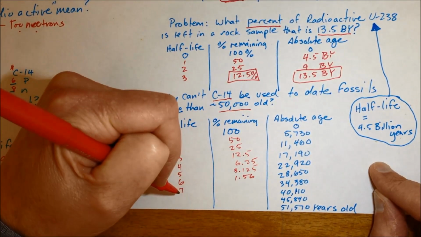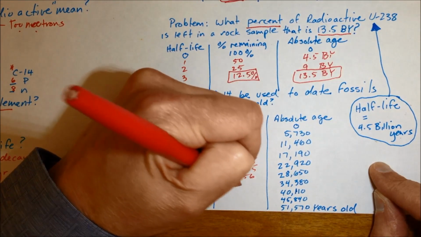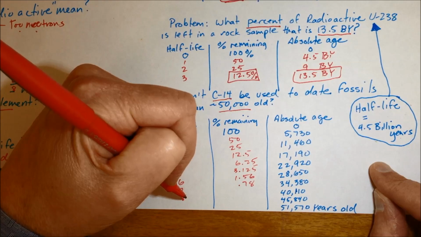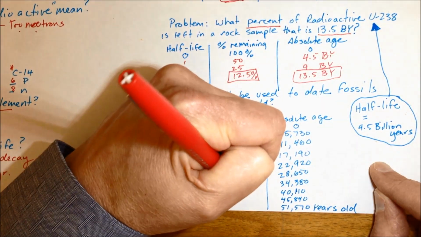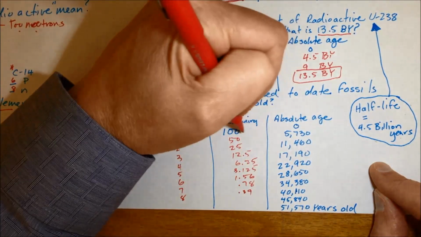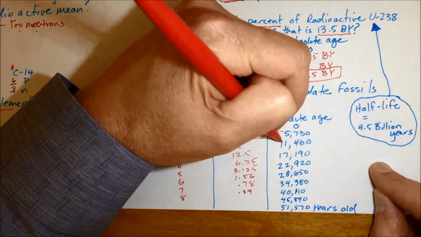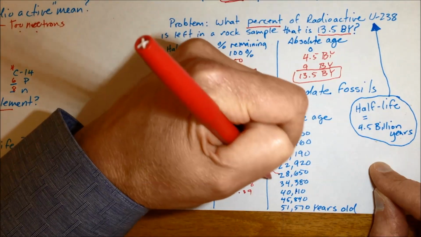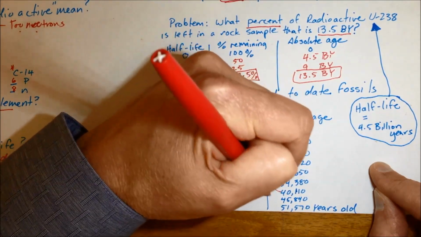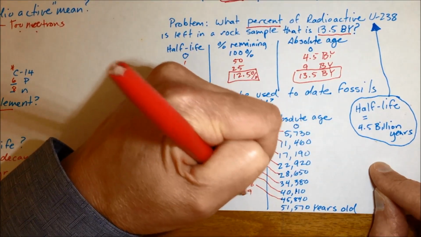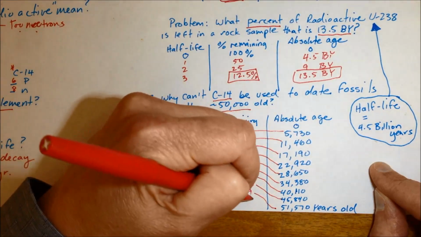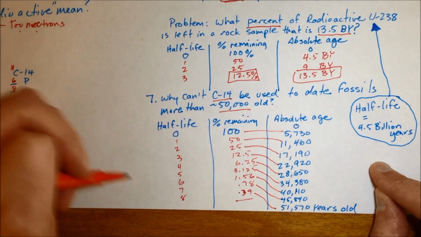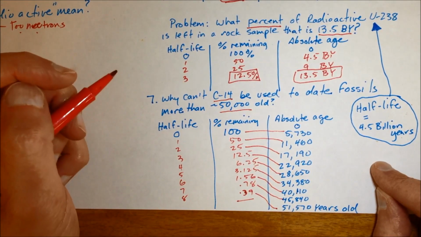6 half-lives is 1.56. 7 half-lives is 0.78. 8 half-lives is 0.39. I should have lined these up better. But you get the overall idea that by the time you get to about 50,000 years old, there's so little carbon-14 remaining in the sample, there's not enough to get a good date.